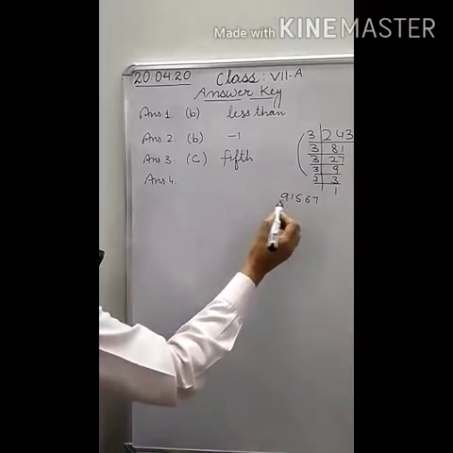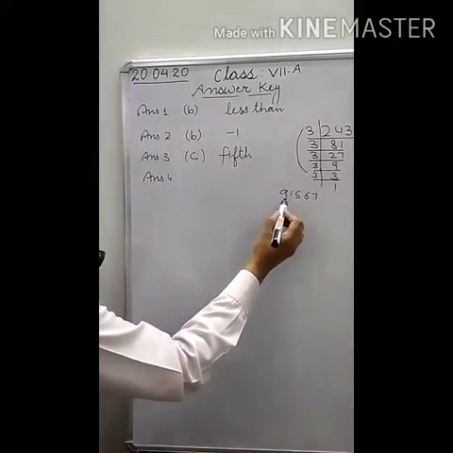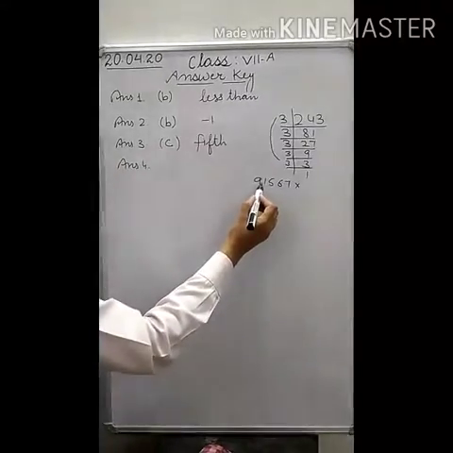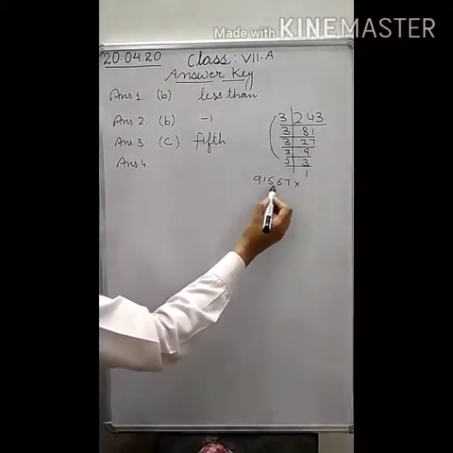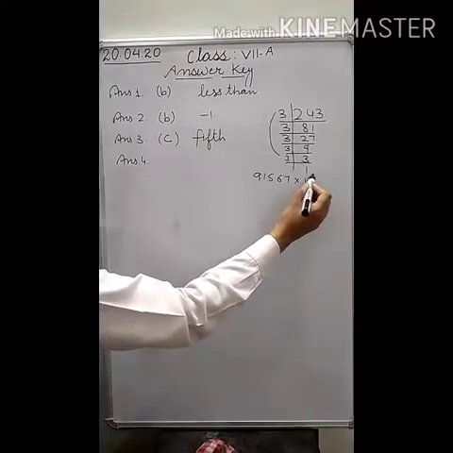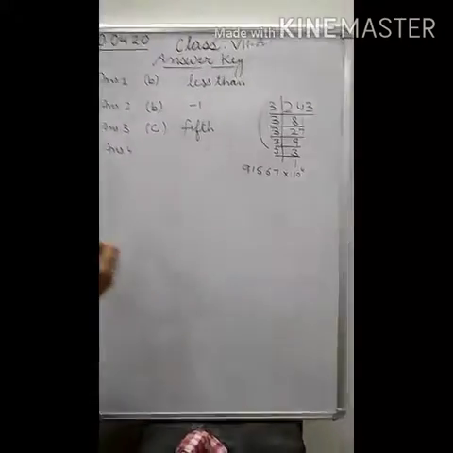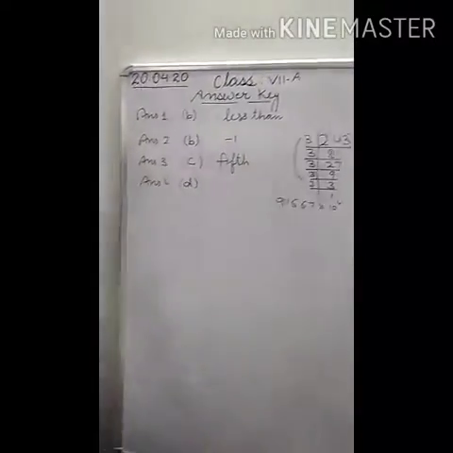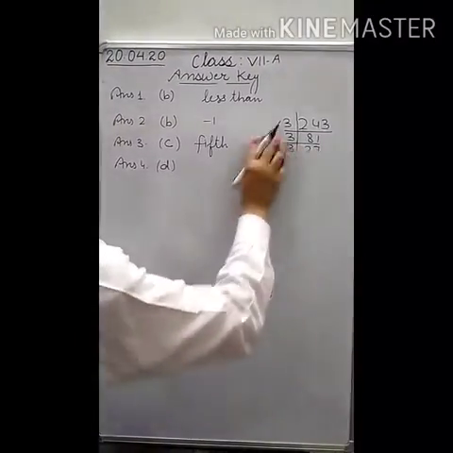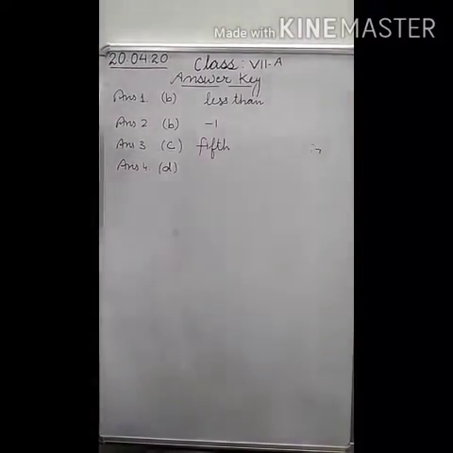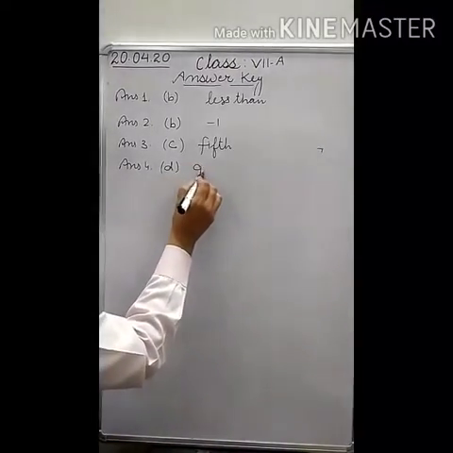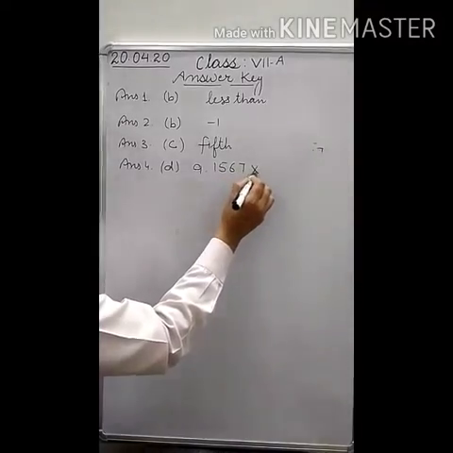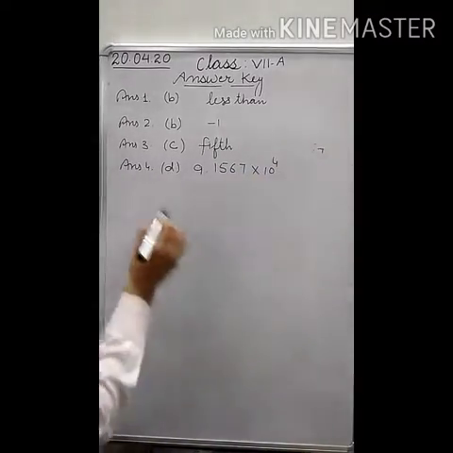If we convert it into standard form, the number will be 9.1567. Now you see, after the decimal how many digits? 1, 2, 3, 4. So it will be 10 raised to the power 4. So your answer will be D, and you can write the answer also. Here your answer will be 9.1567 times 10 raised to the power 4.